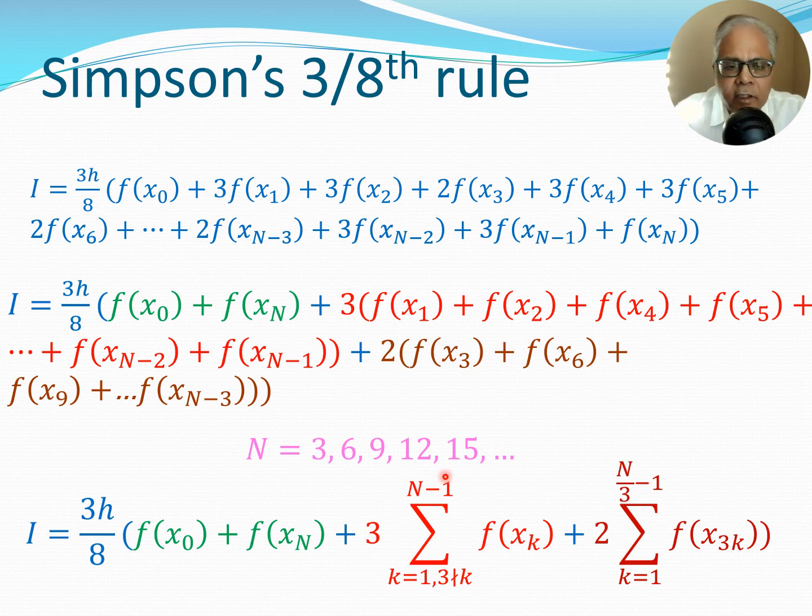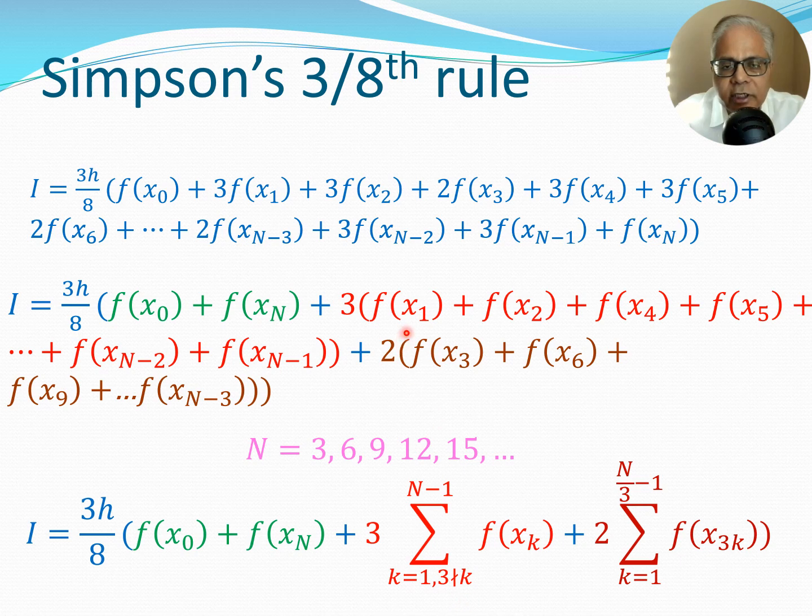Now, if we try to write this sum out in terms of a summation, we will get this expression here. Of course the first expression simply becomes f(x0) plus f(xn), but then you have 3 and then you have f(xk). k goes all the way from 1 to n minus 1, but you exclude all the multiples of 3. So this is particularly important that any multiples of 3 are excluded.